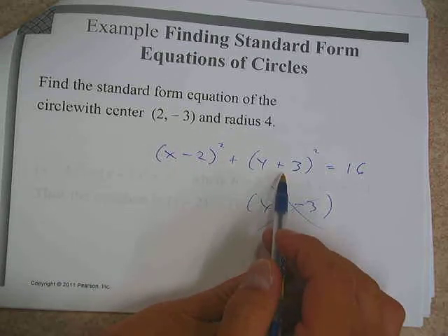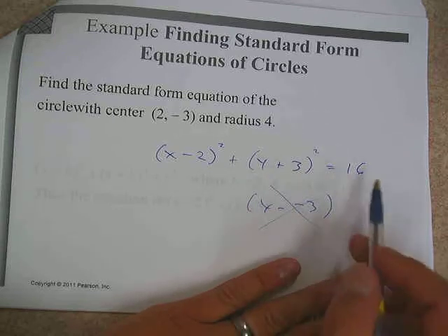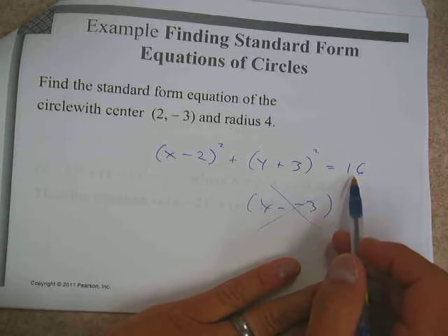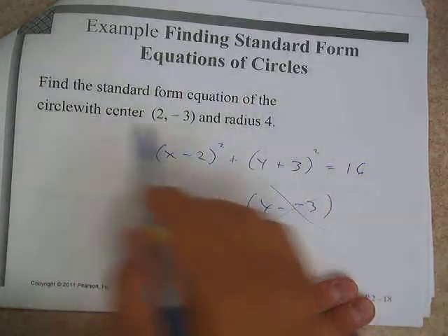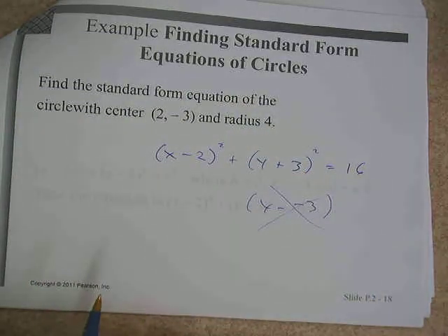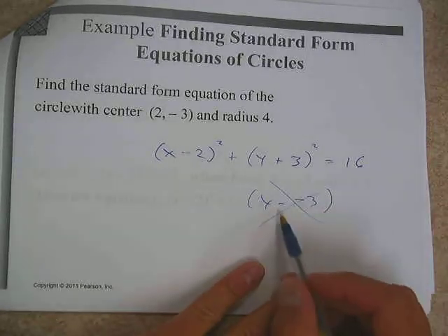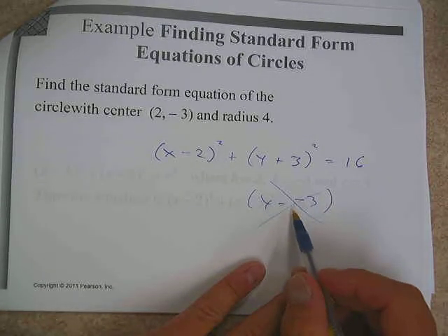All right. And lastly, I have another example. I've given you the center and the radius, and then we wrote the equation. You notice that when we have a positive coordinate, okay, it's x minus, okay, just like the general form. And this became a plus because it was minus a negative.